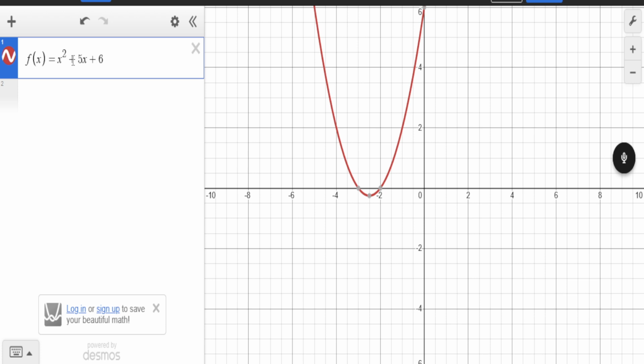Okay, there we go. And I can see that everything behind this -3 right here is positive. Everything between -3 and -2, all this part, that's negative because it's underneath. And everything to the right of -2 is up here, positive. So I see the positive, negative, and positive parts.